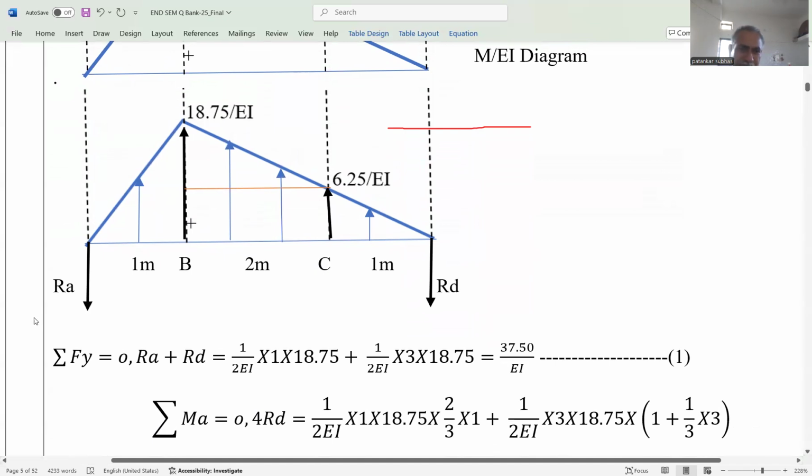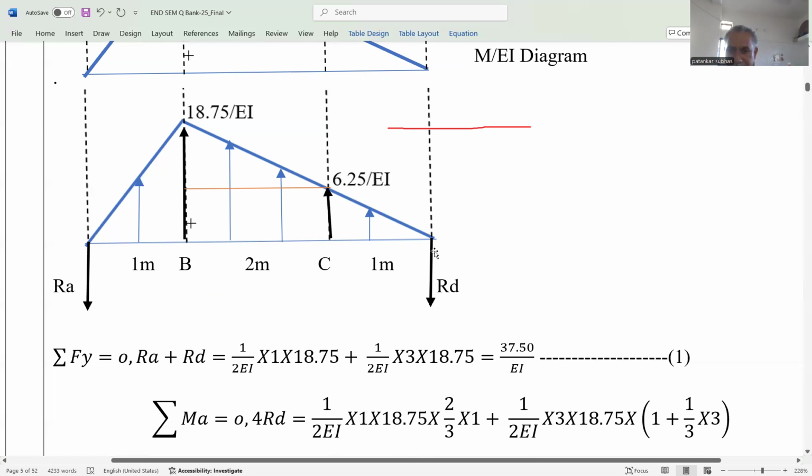Starting from this side, RA multiplied by 3 in this direction, then minus the area of this triangle, half, base is 1 meter, height is 18.75, multiplied by 2 plus 1/3 of 1, plus the area of the trapezium. Or we can convert this trapezium into a triangle and rectangle and take the area into CG about point C. We get the moment at C, which is equal to the deflection at C in the actual beam.